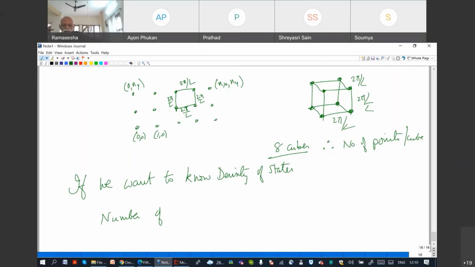Just as you define density of a population in a country, similarly you can define a density of number of states per unit energy at a particular energy.